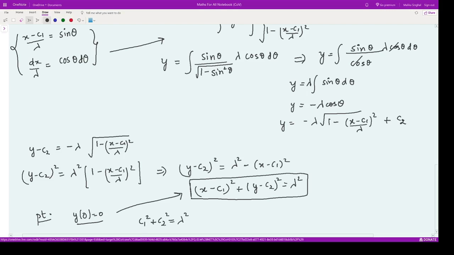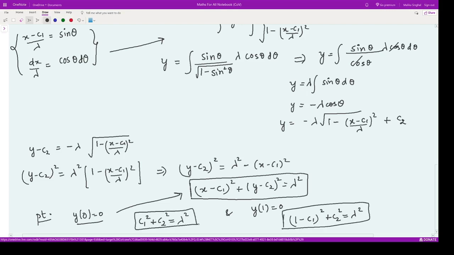Here c1, c2 and lambda, all three are unknowns and we have to calculate these. From another condition, y of 1 is equal to 0, that is the curve passes through these points, we have (1 minus c1) whole square plus c2 square is equal to lambda square. This is another condition. And the third condition is that the perimeter is constant and that is given to be L, right?